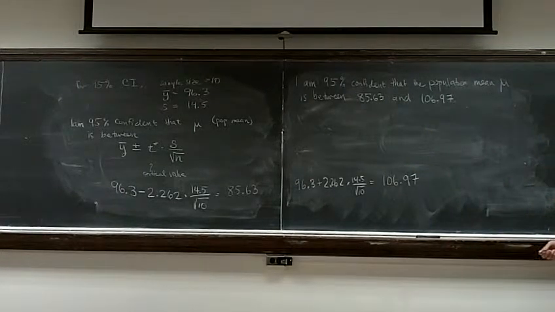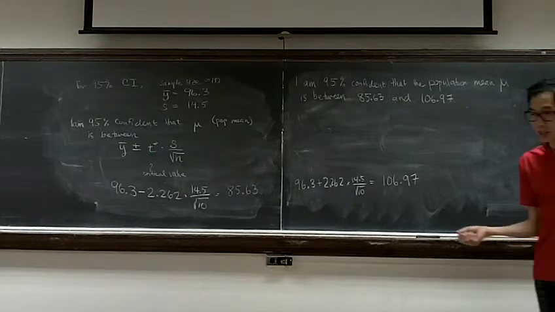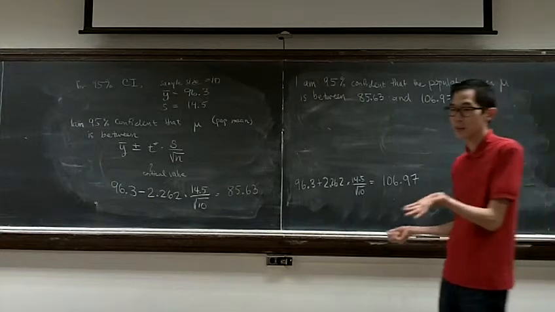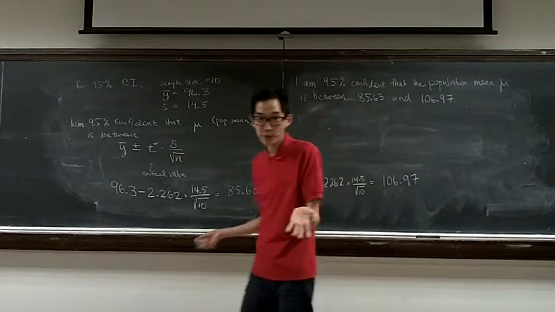I'm 95% confident that the population mean mu, so the population mean average IQ score, is between 85.63 and 106.97. Alright, based on my single sample of 10 people's IQ scores.